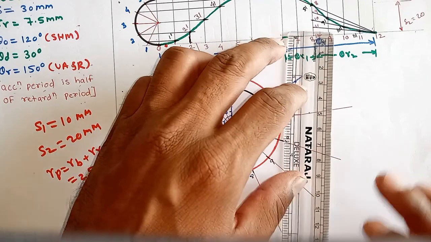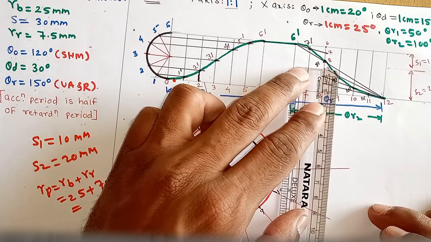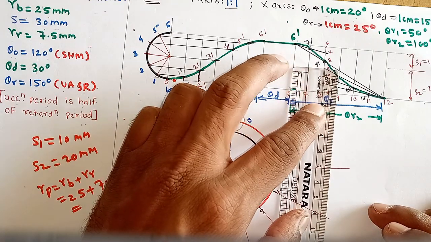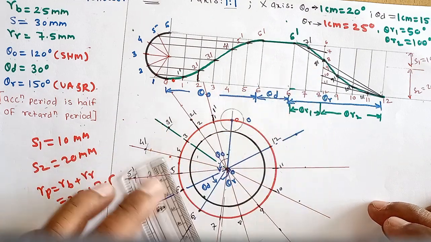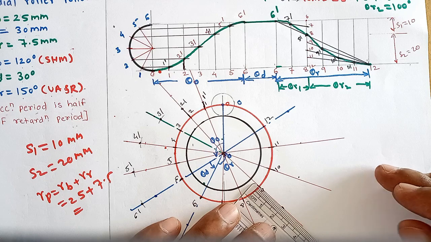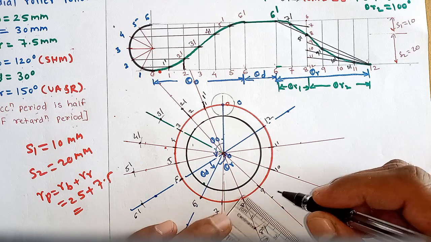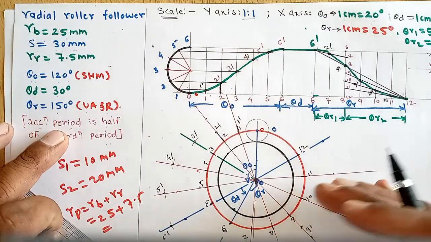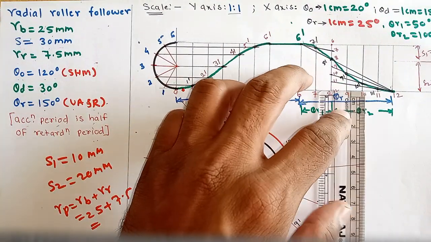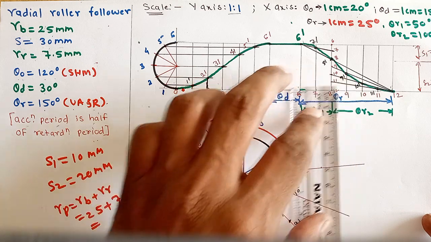Similarly we plot for 9 and 10. At instant number 9 it is 11 millimeters. So this is 9 dash. Now at instant number 10 it is 5 millimeters.